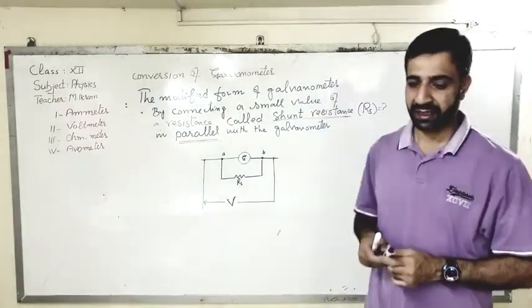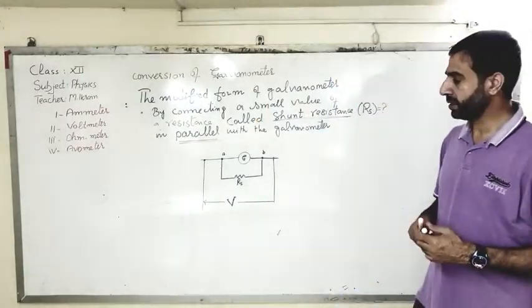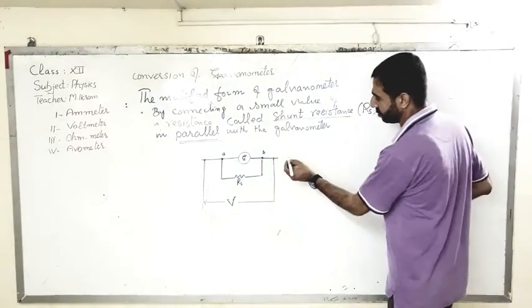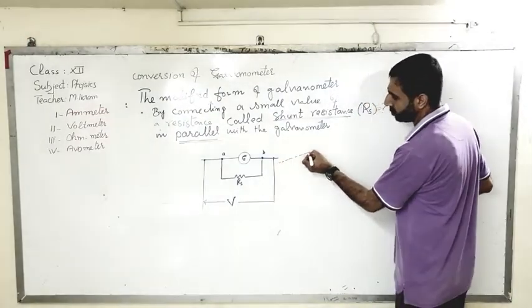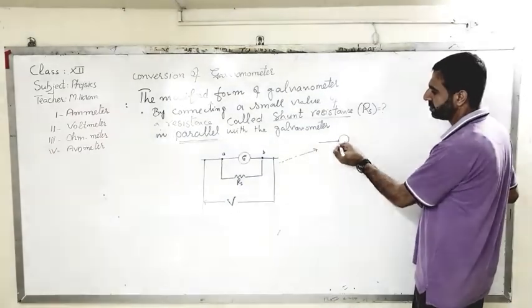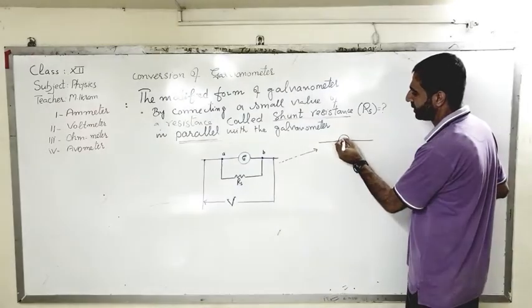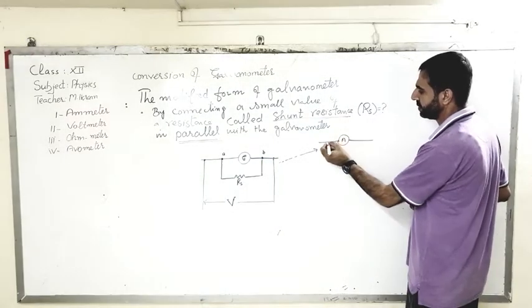This will change the galvanometer into what? Into the ammeter. So this assembly together forms what? The ammeter, as you see here.